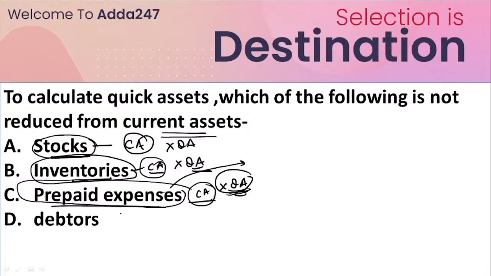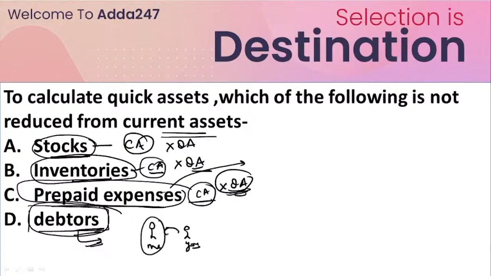But when we are talking about the debtor, who is known as a debtor? Those persons or companies from whom we have to receive the amount. In the last slide we understood, suppose this is me and this is you, and I borrow goods from you.